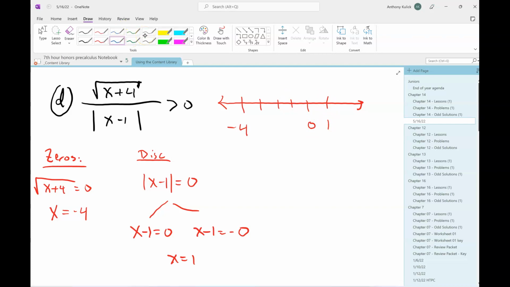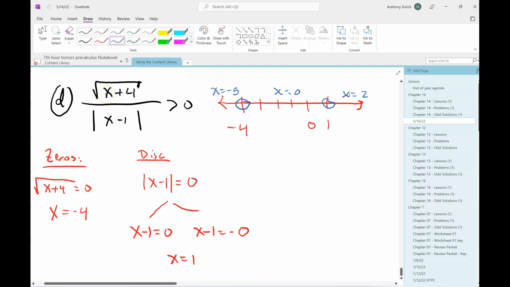Okay, at negative 4, open or closed? Open. At positive 1, open. Pick my test values.